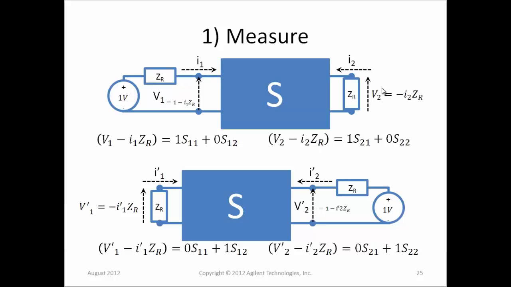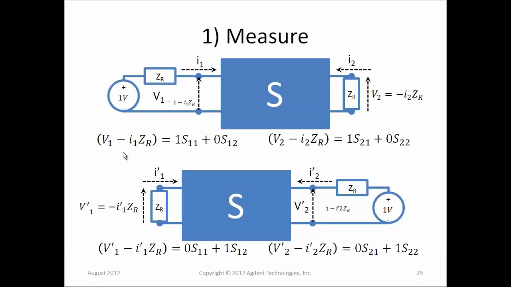Similarly, if I have no voltage source and just a reference impedance connected to the port, that will force this prefactor to be equal to 0. So now I can trivially measure this one voltage and current, and I can get at my S11 and S21 by making two measurements at the two ports.